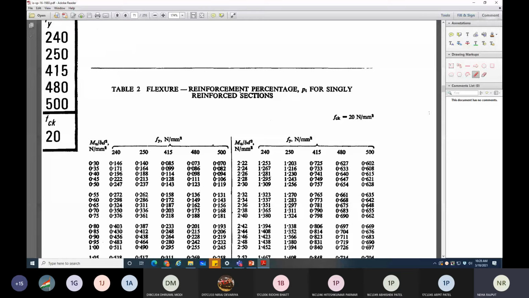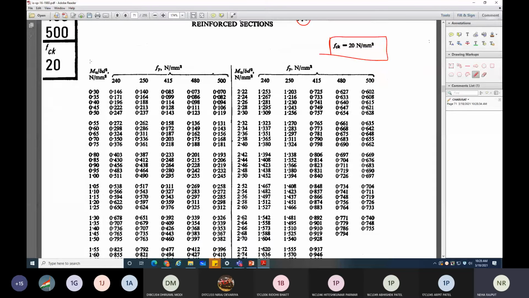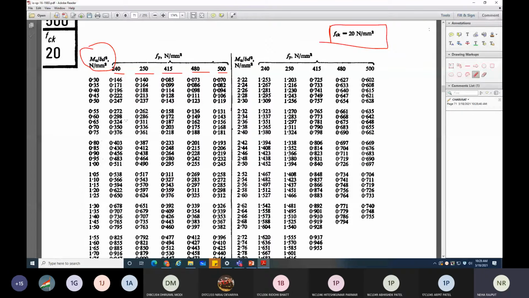Right. This table number 2, fck 20. This is for percentage steel, Mu upon bd square, and these all are the grades of steel. So your Mu upon bd square is 0.775, so you need to take value more than 0.775. 0.775 means 0.8 you can consider. So this is 0.8. Your grade of steel is Fe415. So for this 0.8 and for Fe415, your percentage steel is 0.233.